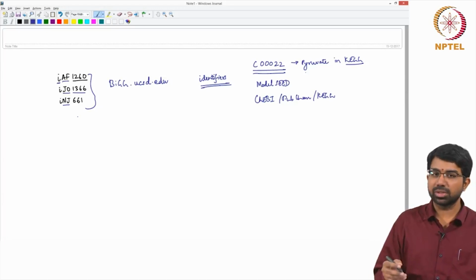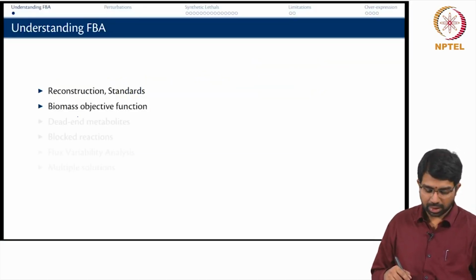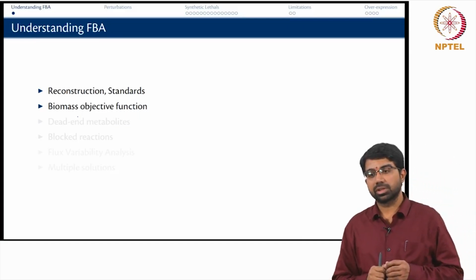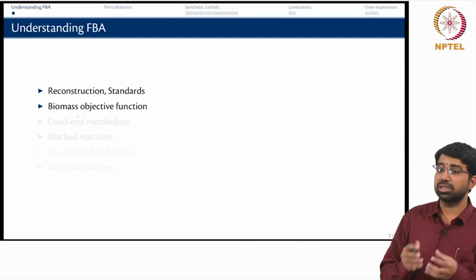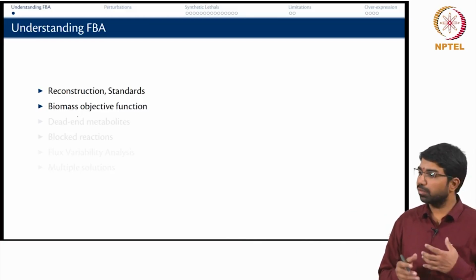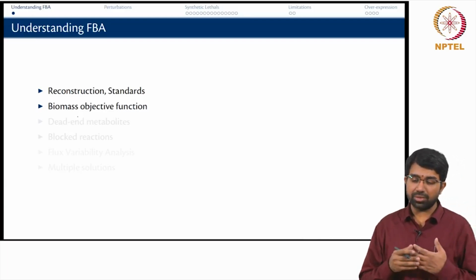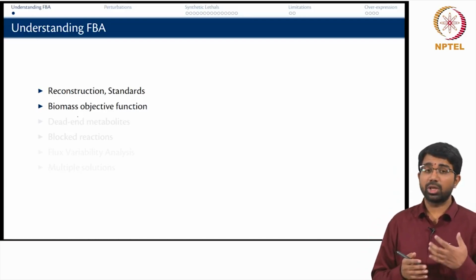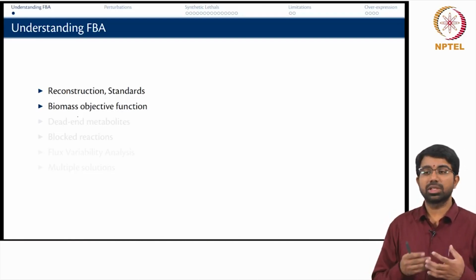So, there are some other issues that are intimately related with reconstruction. Let us see what they are. The first is the biomass objective function. So, how do you decide the biomass objective function, or how do you decide the objective function in the first place? We did talk about a few ideas yesterday, but there are several papers that have discussed how the optimality changes or how the predictions change based on the objective function and so on.